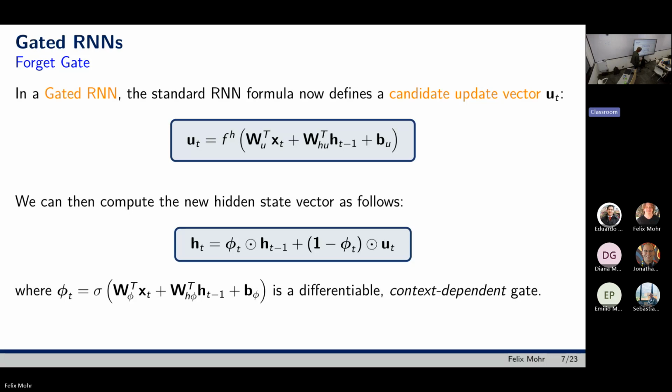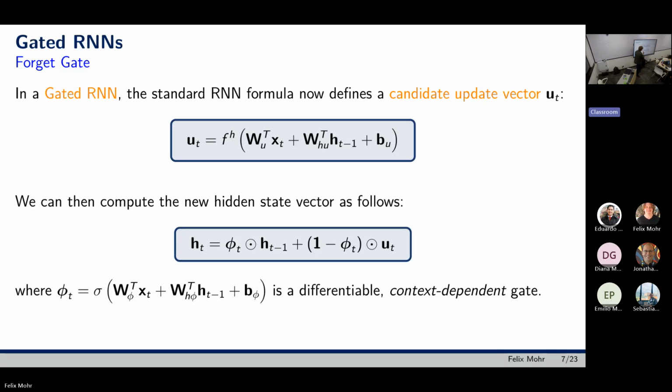Okay, so that means that before, my previous state was just multiplied with some constant weights, and that was the way it influenced the current state. Nothing else.